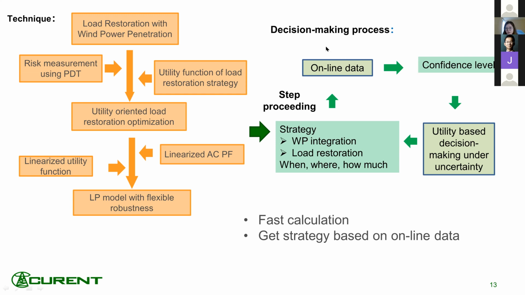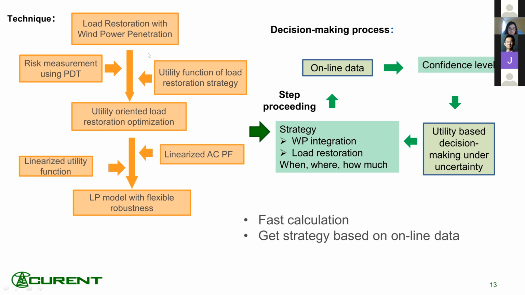We will obtain the online data, and then the operator will set a confidence level to reflect their risk attitude, and we use a utility-oriented model to provide the final strategy, which will guide us how to use the wind power and solve the problem of when there are how much questions.